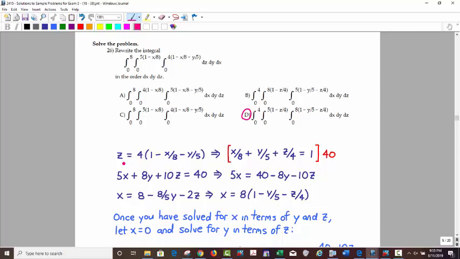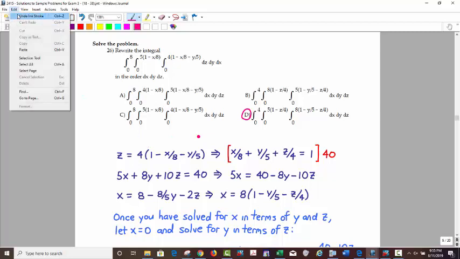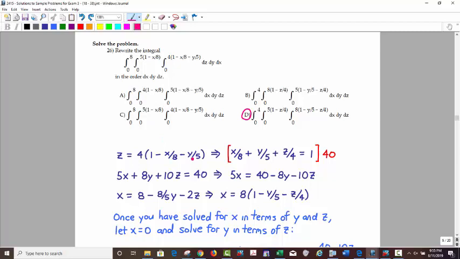So I divided by 4, brought it as z over 4 right here, and brought these two negative terms over and made them positive, left it set equal to 1, and then I wanted to clear out the denominator. 40 is the least common multiple of 4, 5, and 8. That gives me 5x plus 8y plus 10z equals 40. The problem would have been easier if they had given it that from the beginning and said then make it in a certain order, but it's not that hard to come up with it.